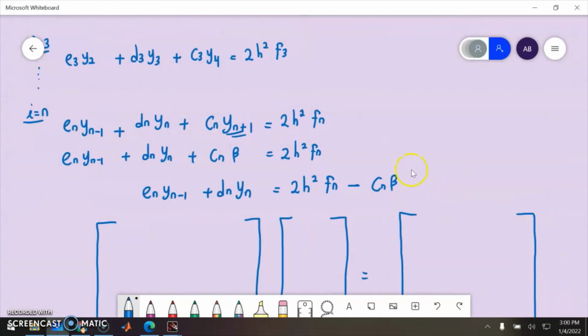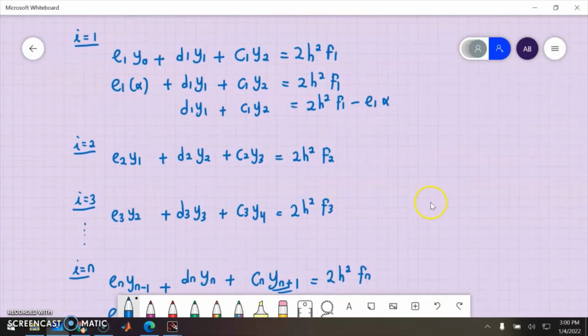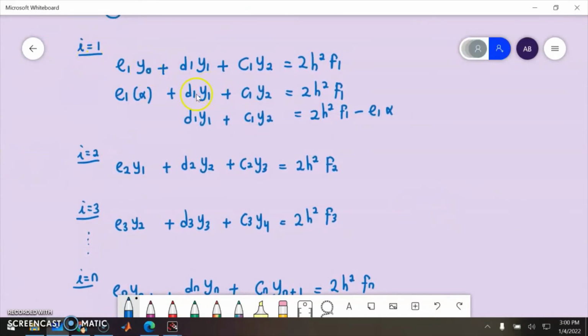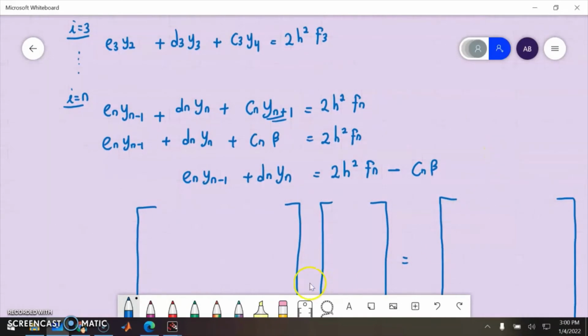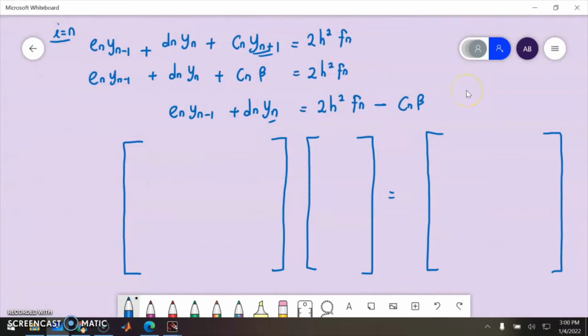Look at the terms here. We have Y1, Y2, Y3 up to Yn.